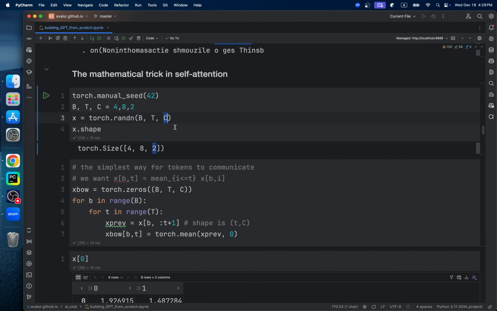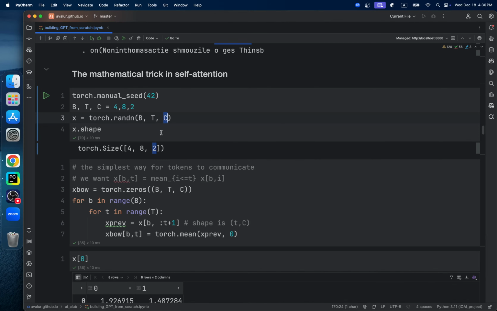Here C is our embedding size, and suppose C equals 2. This is the size of the embedding. It could be different: instead of 2, we can use 10, 100, and so on. But 2 is convenient for demonstration and for visualization. So let's take 2 as the new size of the embedding.